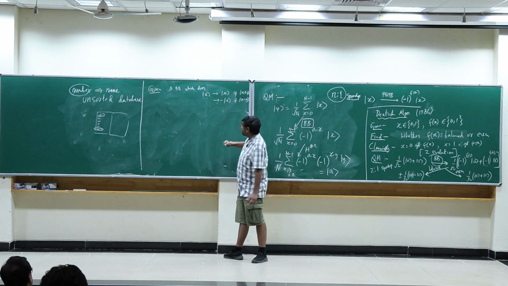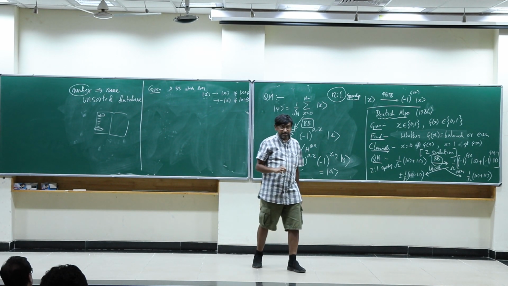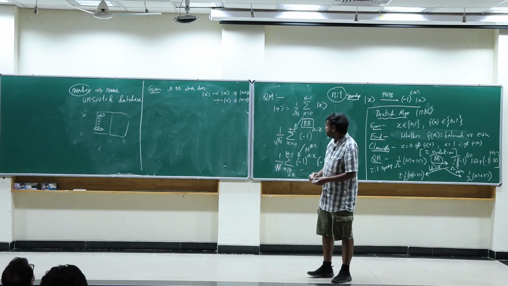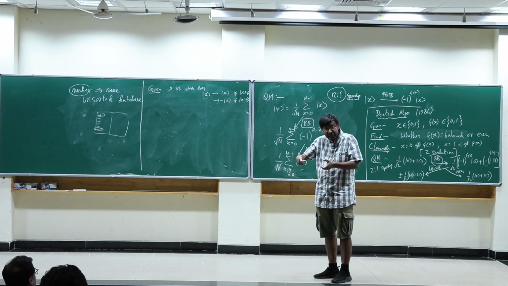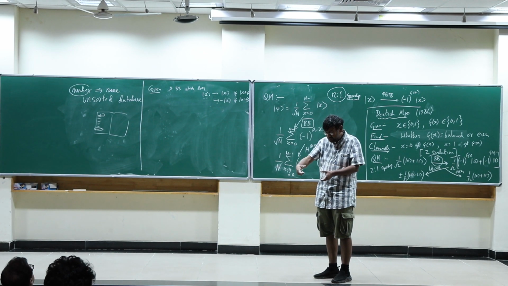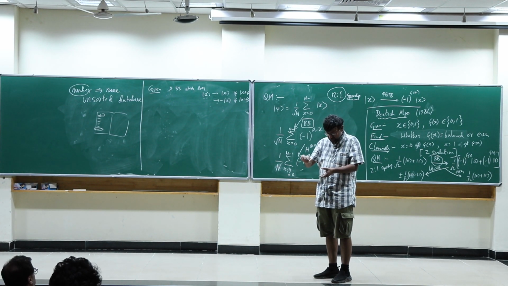So m is the marked element. So x is like the phone number with which you are marking; the thing is stored somewhere. The marked element is the one with which the phone number matches, the phone number stored by you.